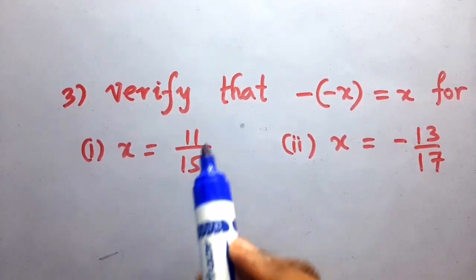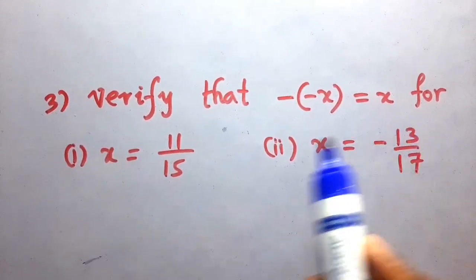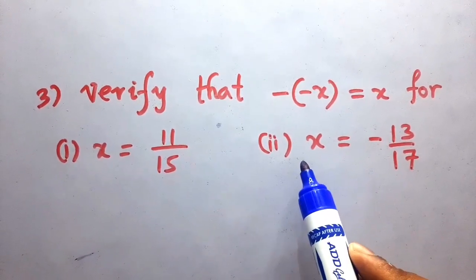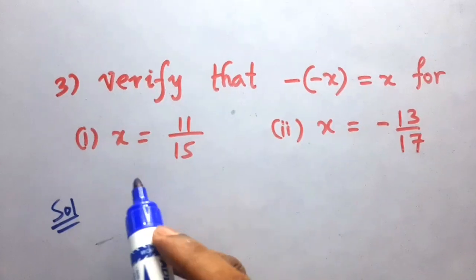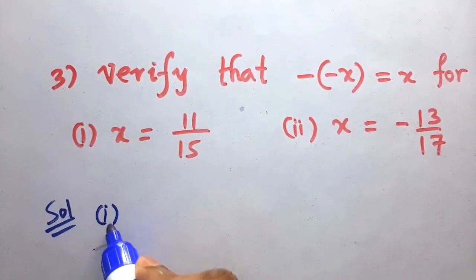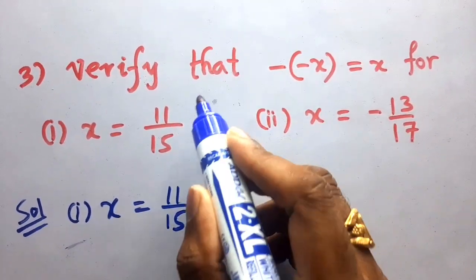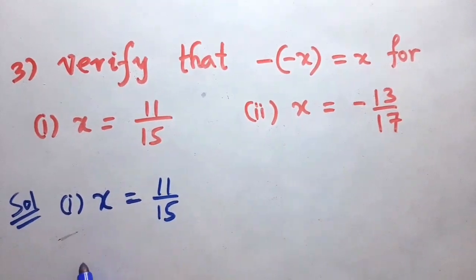See the next problem. Verify that minus of minus x is equal to x for first one x equal to 11 by 15, second one x equal to minus 13 by 17. See the first one. x equal to 11 by 15 given. We have to verify minus of minus x equal to x.